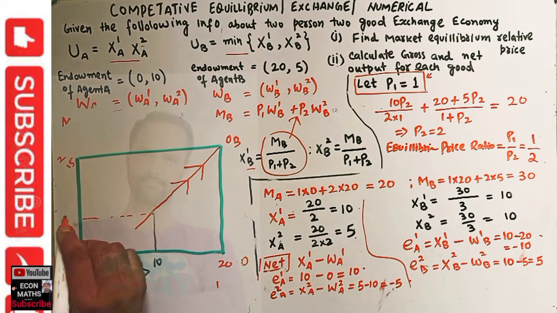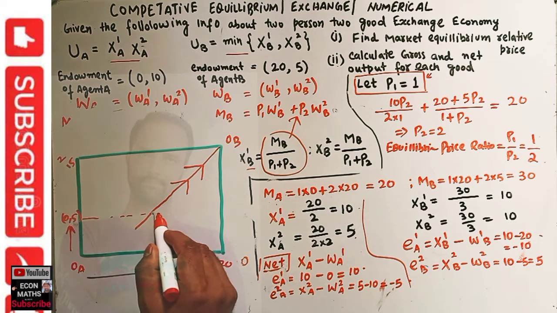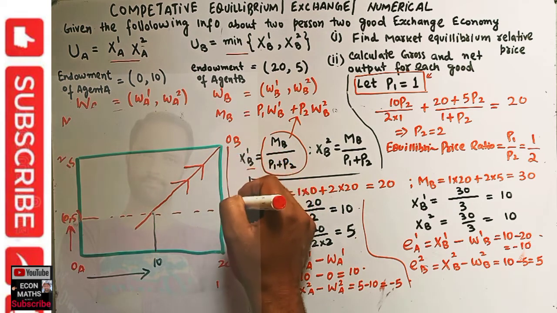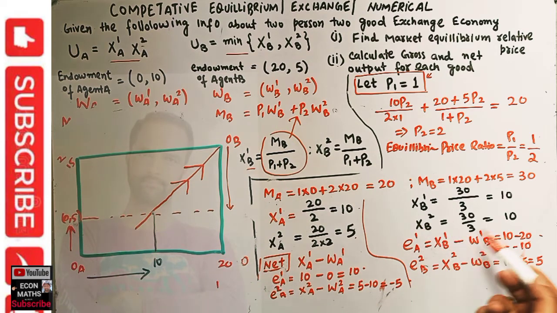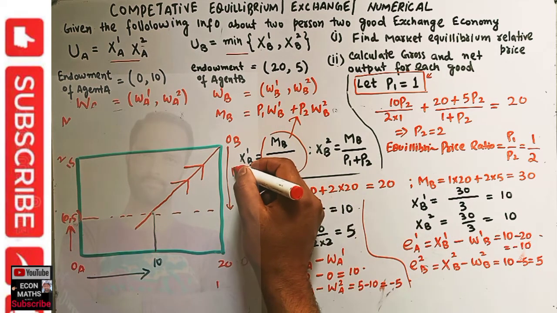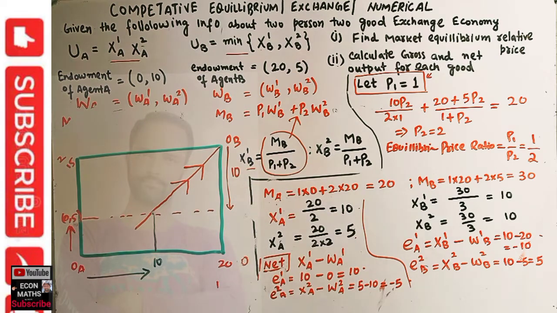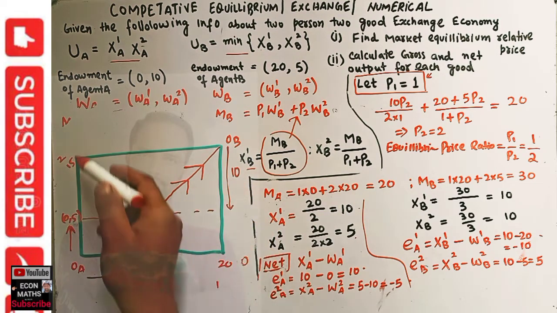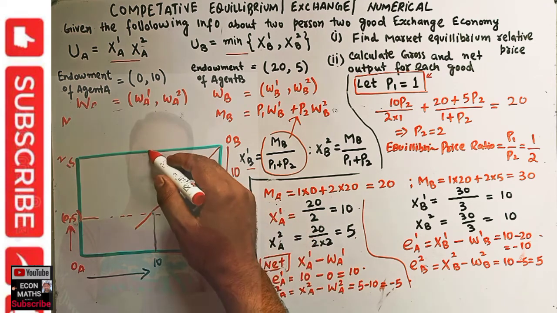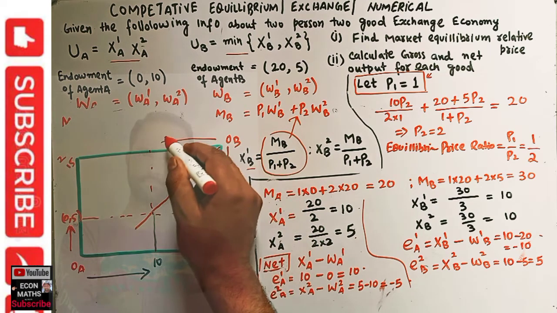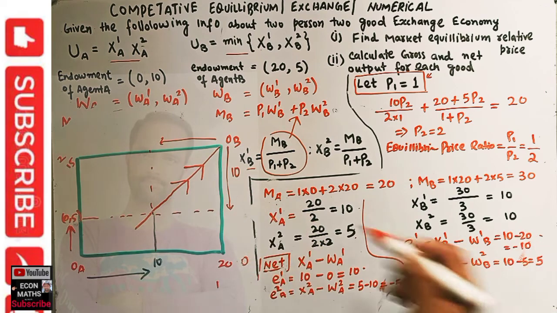Let me write it here, 10 and 5. Corresponding to this, the units of good 2 person B is demanding is 10, because this is 5, this is 10, height is 15. And corresponding to this, the units of good 1 person B is demanding is 10 also.